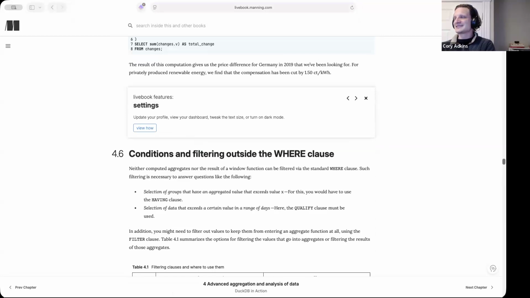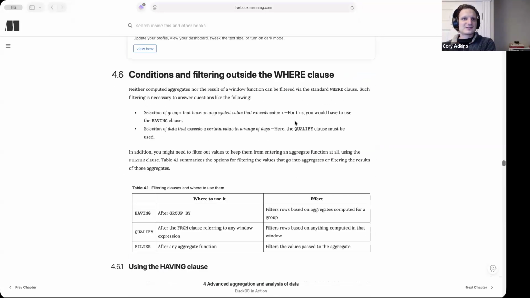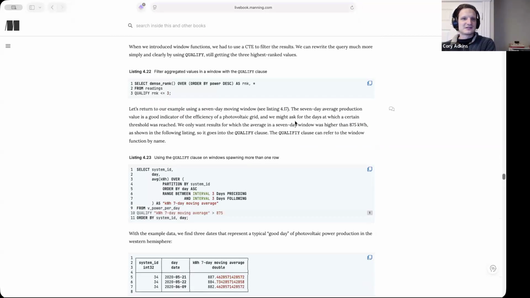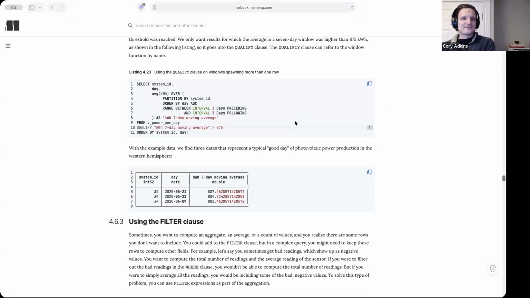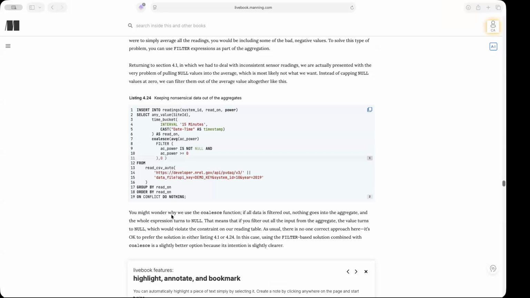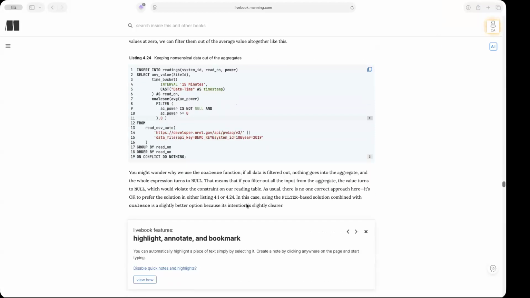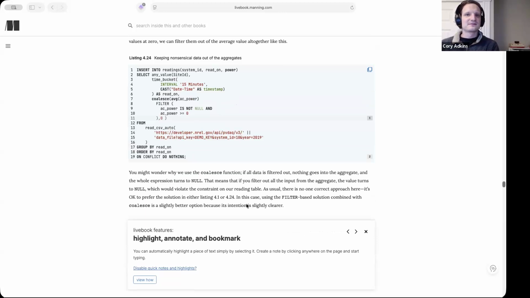Oh, yes. Return the first expression that evaluates to a non-null value. So in this case, if you don't have an average, use zero. If you do have it, then you've got a value. Okay. Yeah, that makes sense.